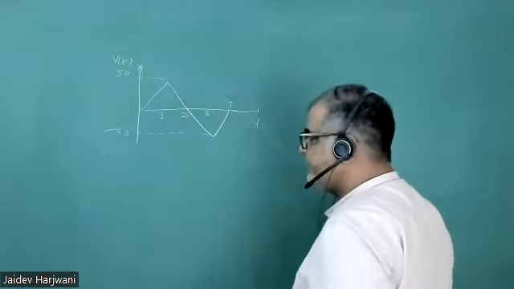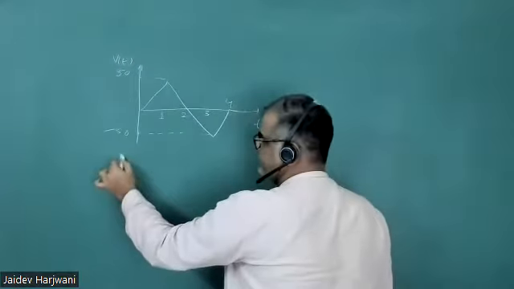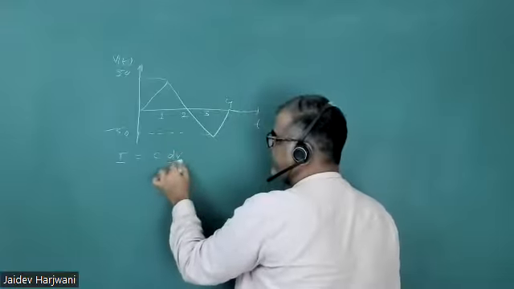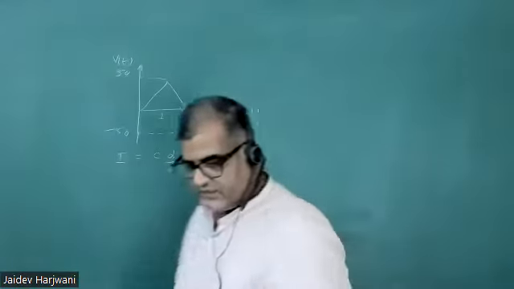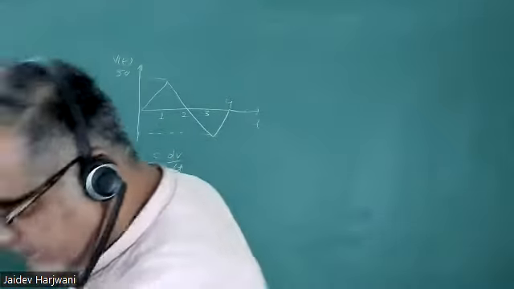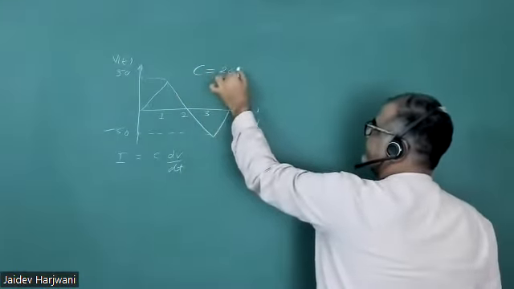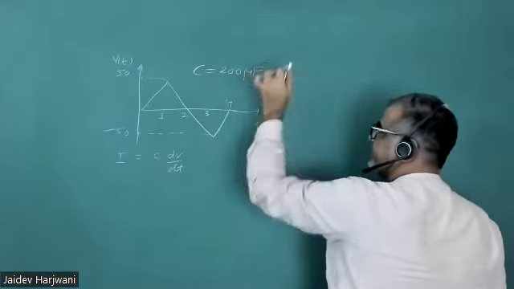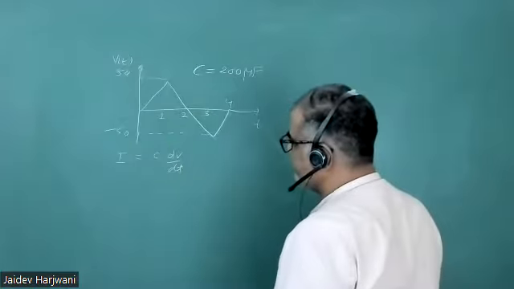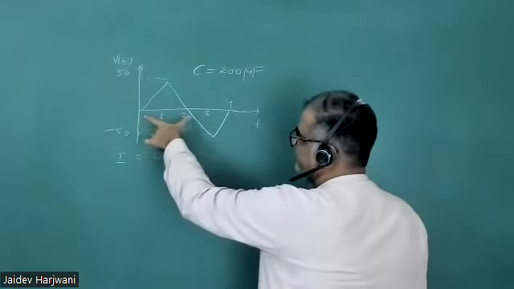So I is your C dV by dt, and the C value should be given in the question. C value is 200 microfarad. It is given. Now I want to find my current in this time period.